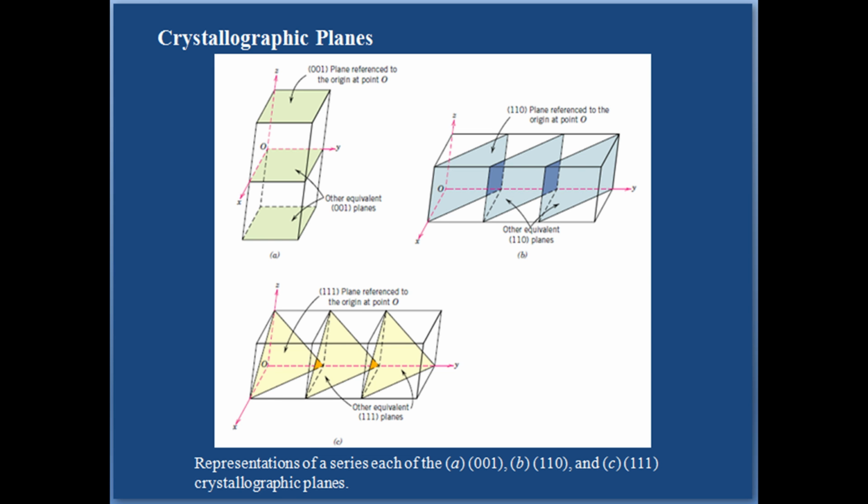Once again, I am going to repeat this concept. The unique characteristic of cubic crystals is that planes and directions having the same indices are perpendicular to one another. However, for other crystal systems, there are no simple geometrical relationships between planes and directions having the same indices.